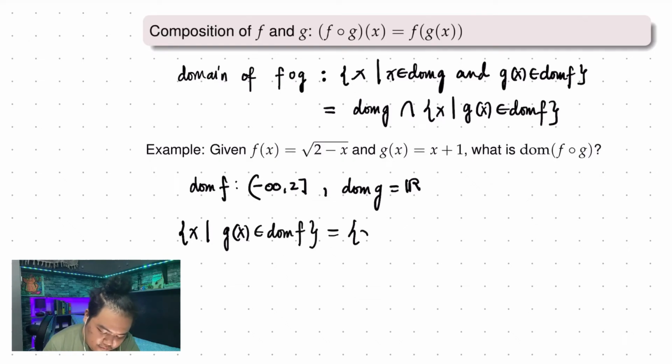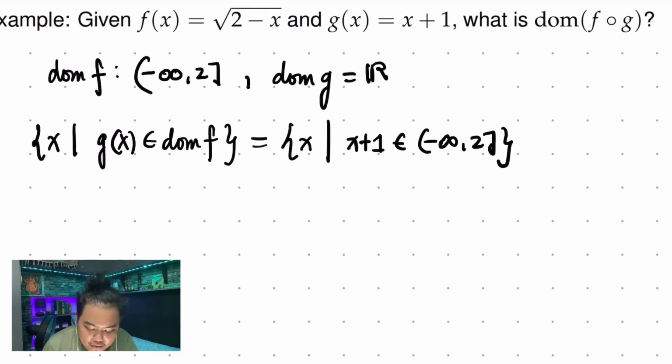So, this is the set of X such that, ano yung G of X mo? X plus 1 is in the interval na ito. Pero ano ba ibig sabihin kapag pasok ka sa interval na negative infinity to 2?